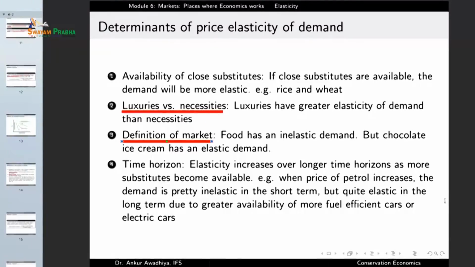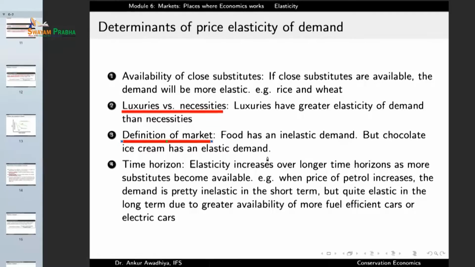But if you look at the market in a very narrow manner, then different things have large elasticities. Chocolate ice cream has an elastic demand. Why? Because if the price of chocolate ice cream increases, then people will reduce the consumption. But when we look at food in total, even if the price increases or decreases, the quantity demanded will remain the same.